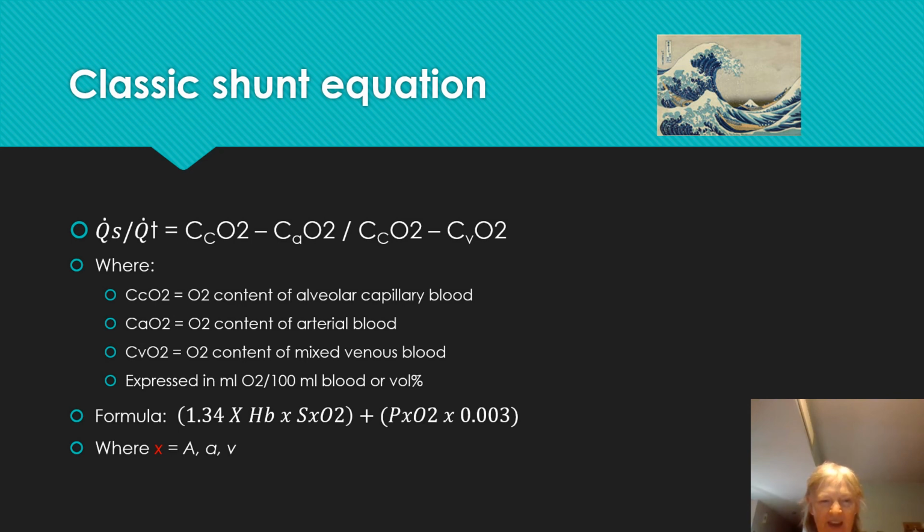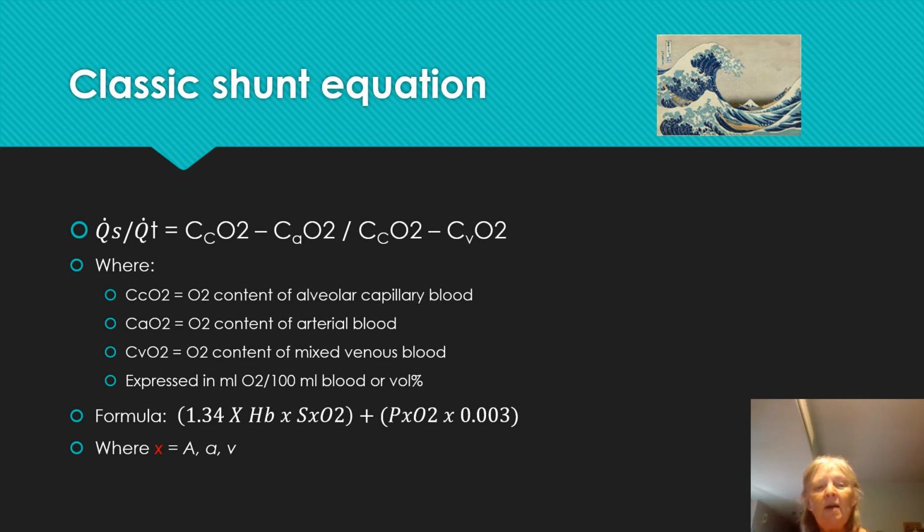And then the CvO2 is the O2 content of the true mixed venous blood. You have to have either the pulmonary artery catheter, known as the Swan-Ganz, in order to be able to get this done. And you can express it either as milliliters of O2 per 100 milliliters of blood or vol percent. That's your shorthand. Really, really easy, okay?